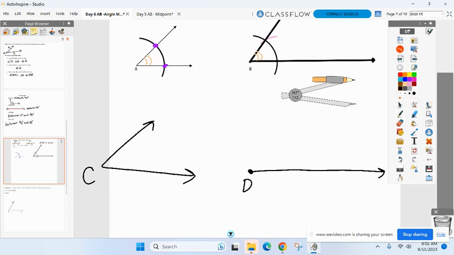Use the space to make an angle. Oh, you're going to make a ray. And then put an arc on the nose.